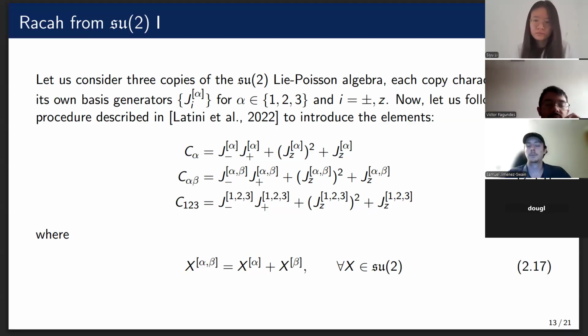And we can also then show very easily that the bracket relation for any pair of these is actually the same up to a negative sign.